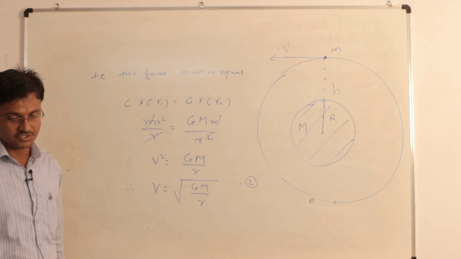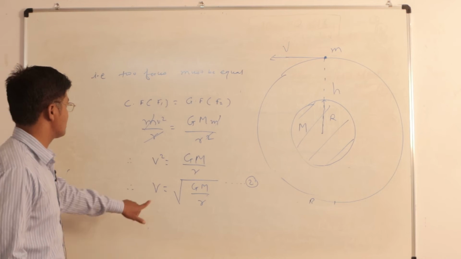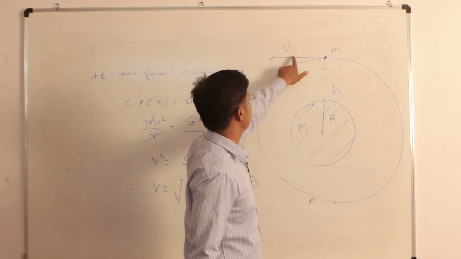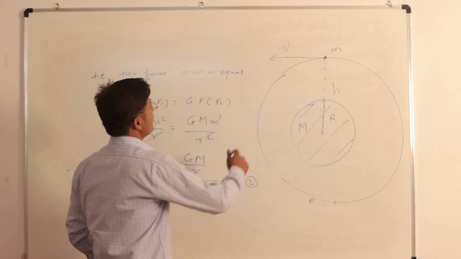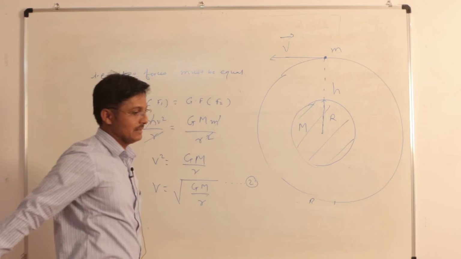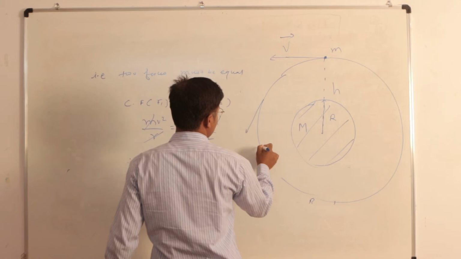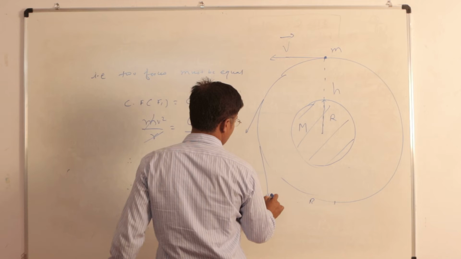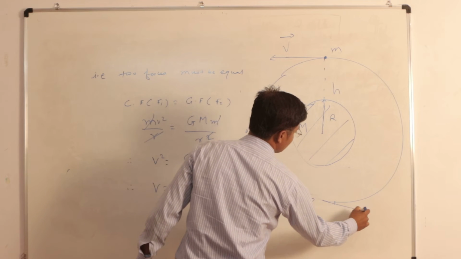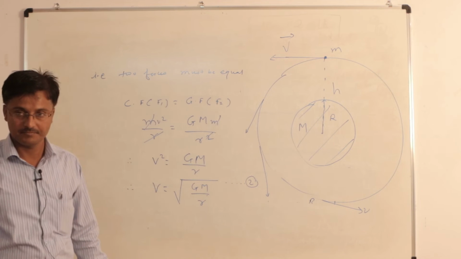We'll call this as equation 2. So this is the velocity of the satellite, that is linear velocity. This is the linear velocity because at every point there is a linear velocity.